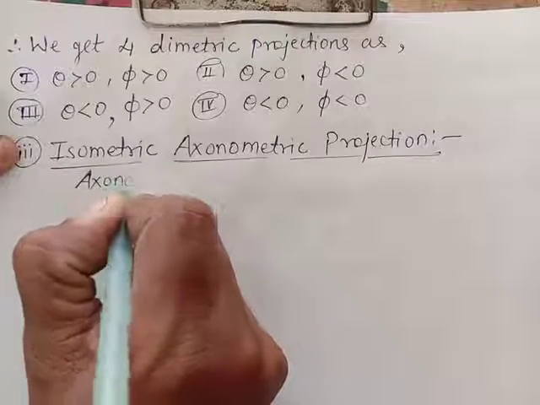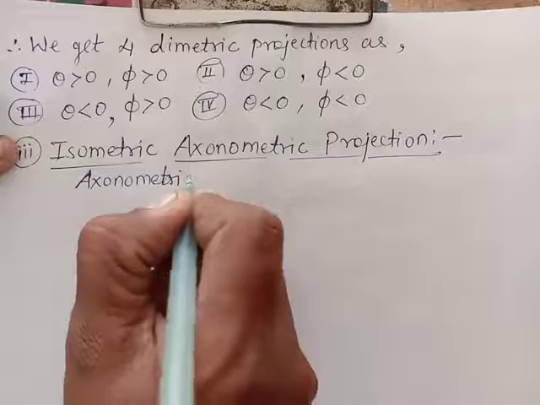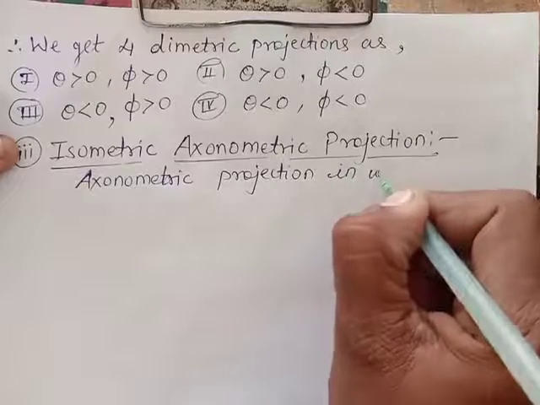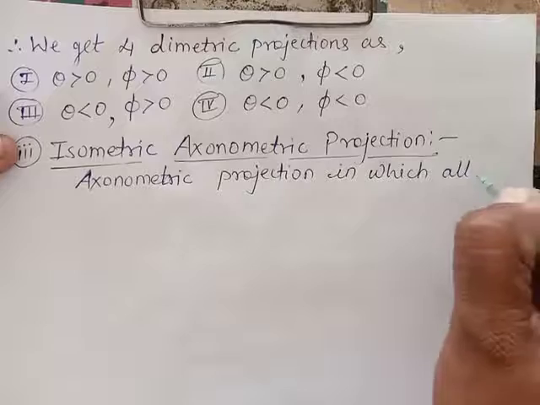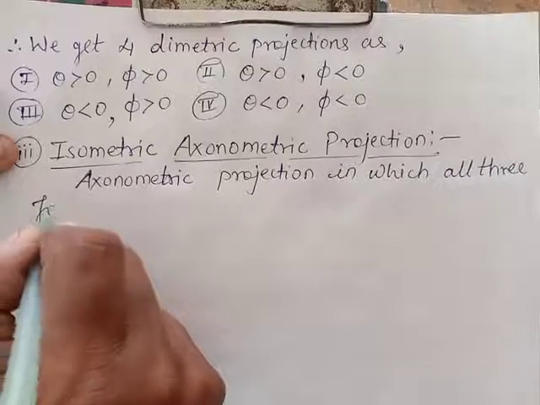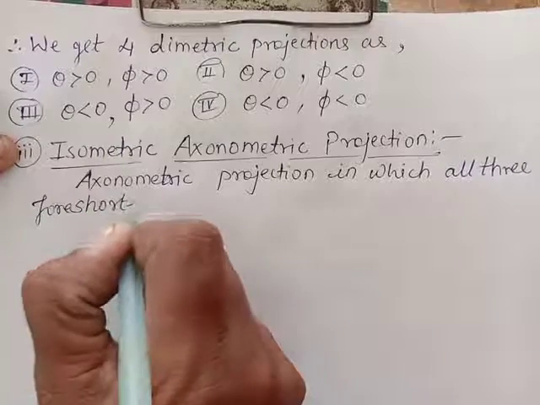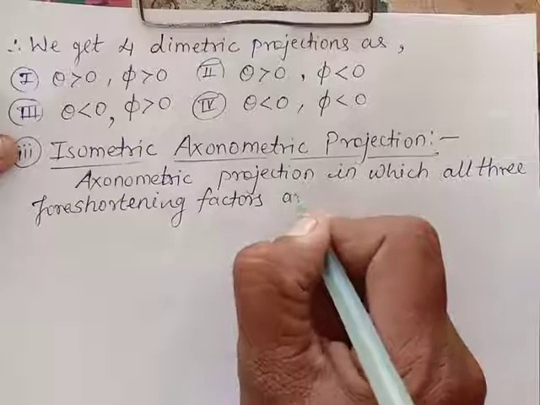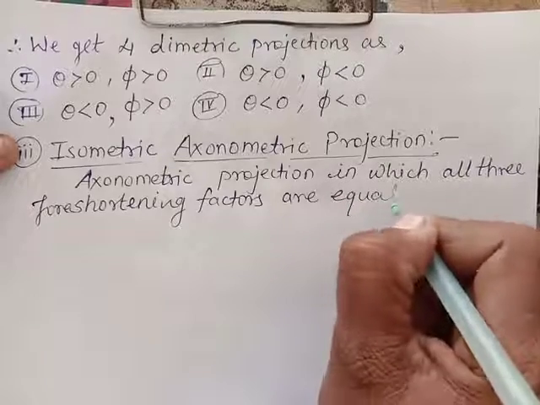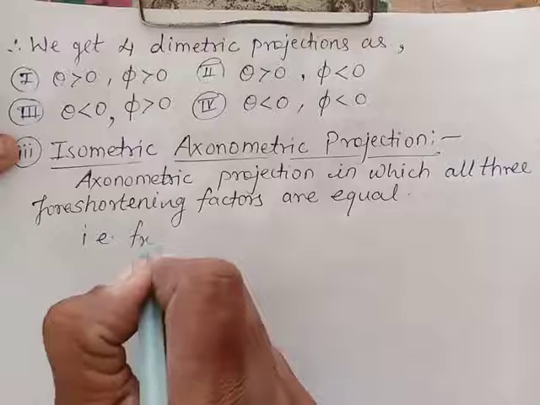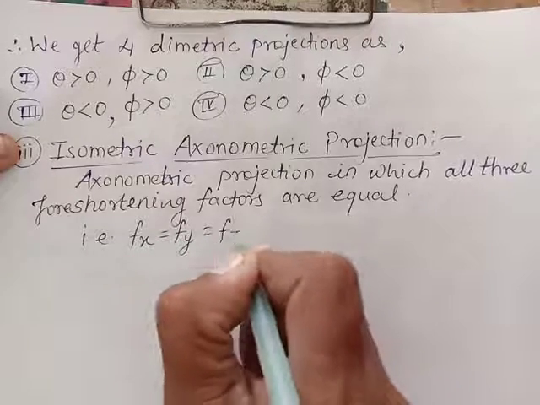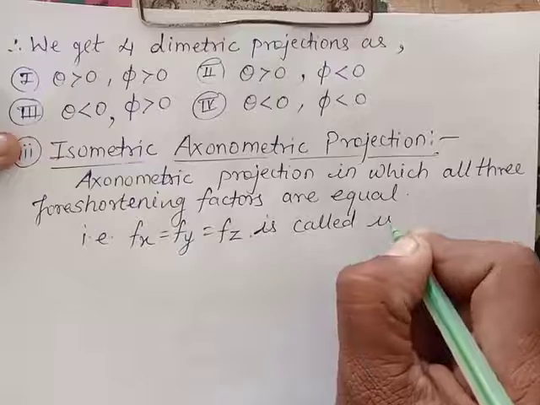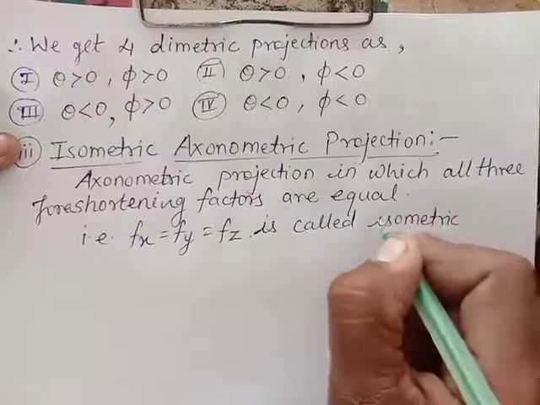So axonometric projection in which all 3 foreshortening factors are equal, that is fx equal to fy equal to fz, okay, is called isometric projection.